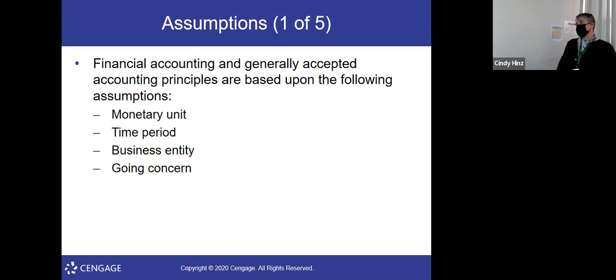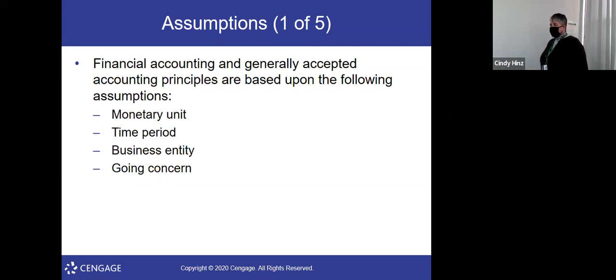So we have a concept in accounting known as money measure. Money measure means that when we put stuff into our accounting records, we're going to denominate it in terms of its financial impact. And so because we are in the United States, our financial statements are going to be in dollars. So when we report stuff in accounting, it's in dollars.